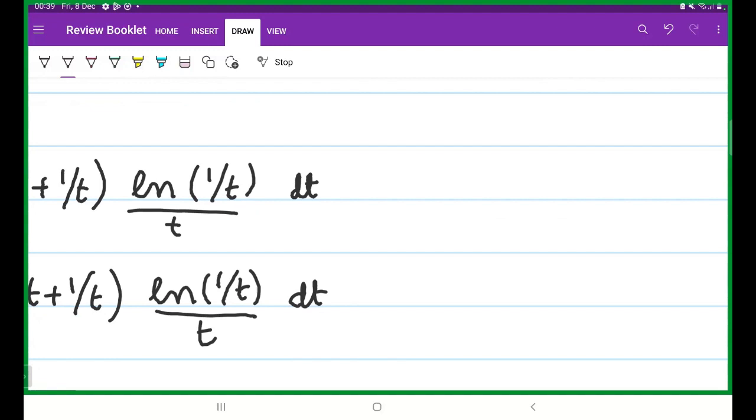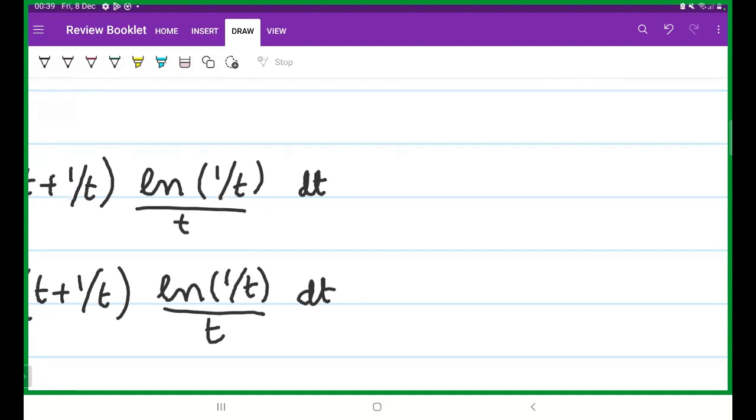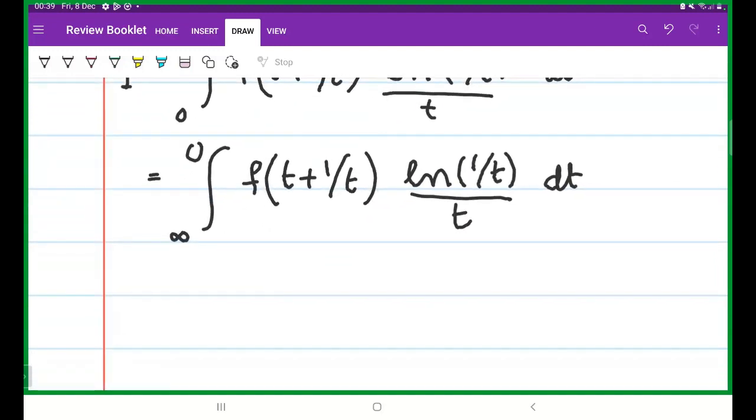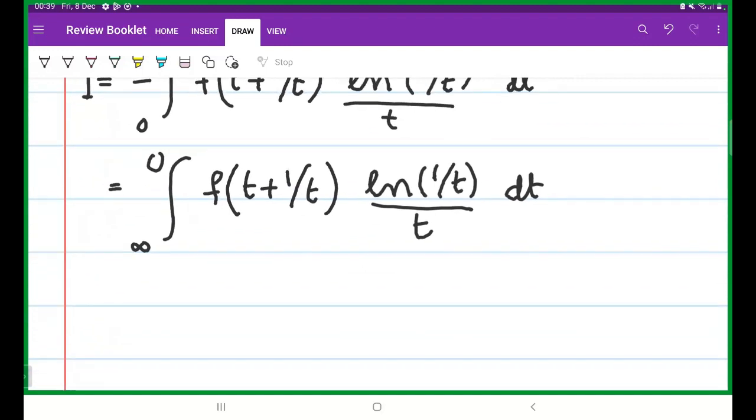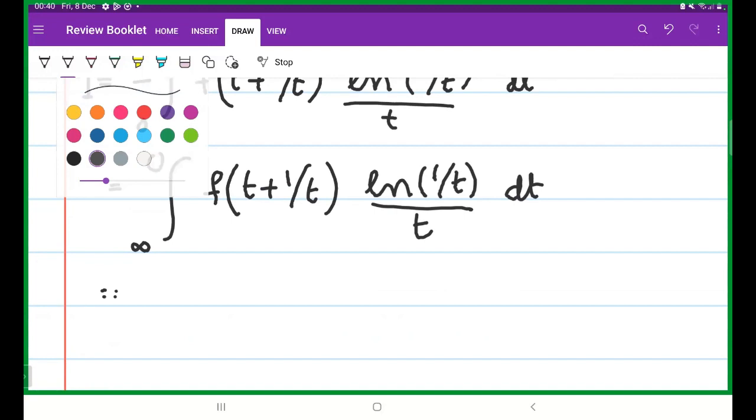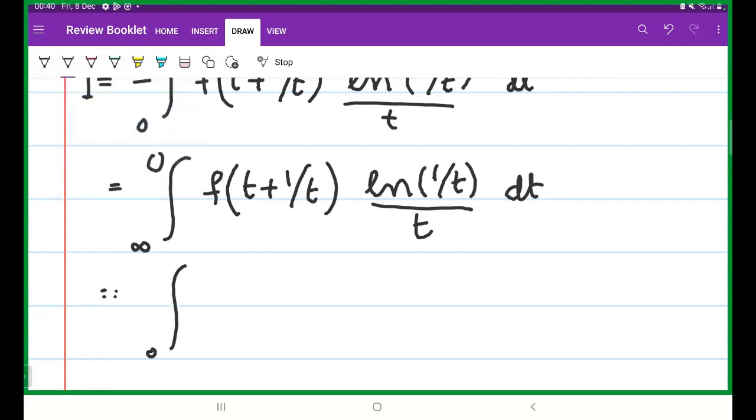Now we will replace this t with 1 by k. There won't be any changes inside the function because of obvious reasons. I hope you all know that.